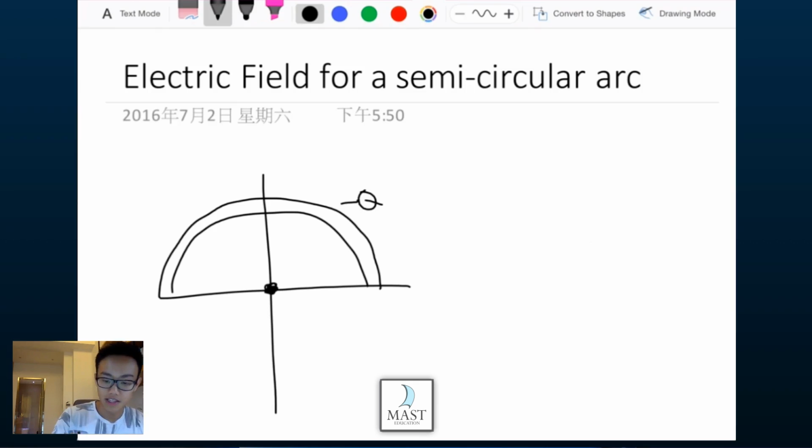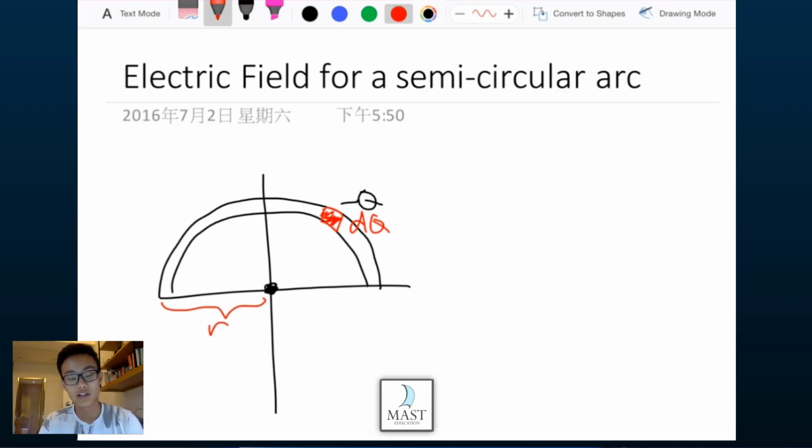So before we do anything, let's label some things. Let's say that this distance from the origin to one end of the arc is distance r. And like every other electric field derivation, we're going to take a very, very small segment of the arc and call it dq. So we'll take this segment and call that dq.